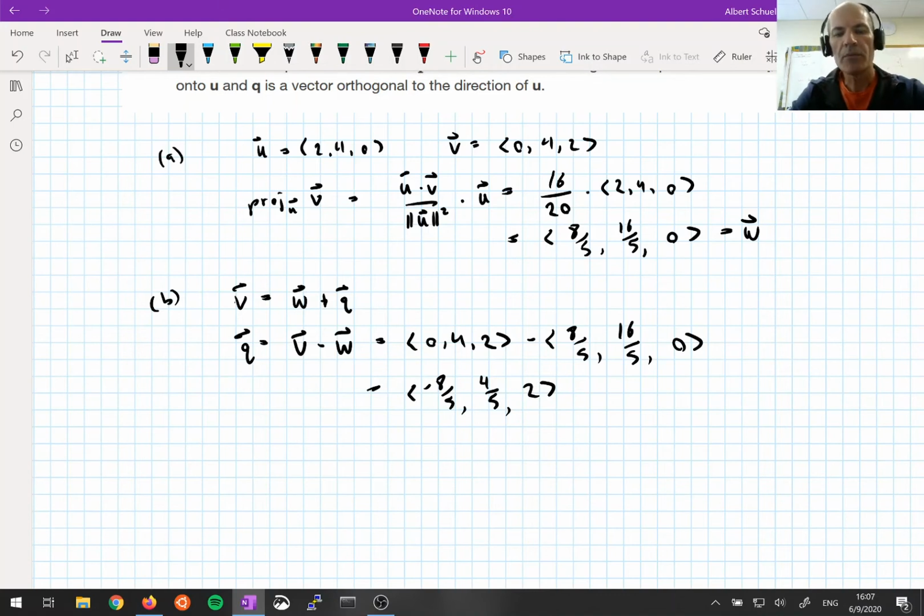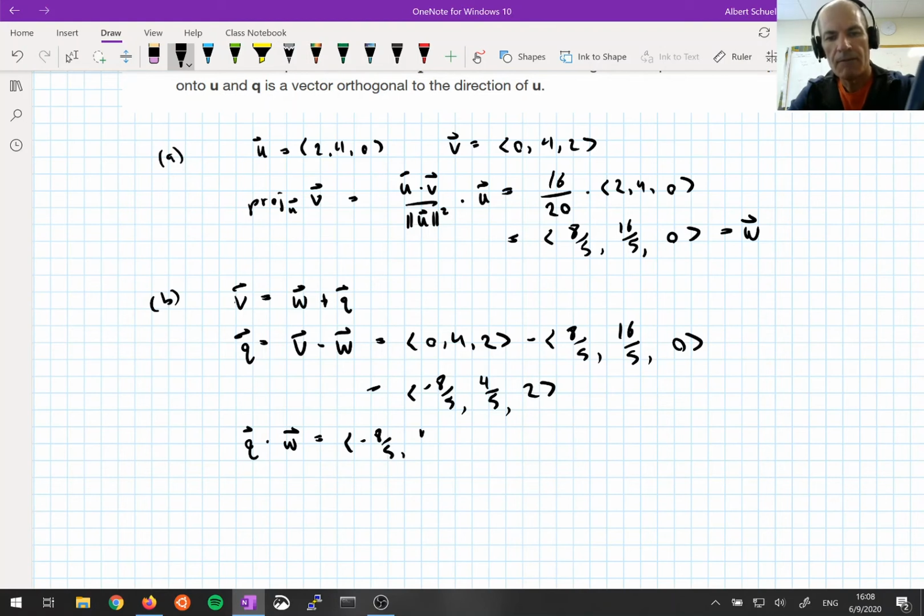What's interesting about this, from a geometric perspective, is that if you take the vector v and you remove the part of v in the u direction, which we computed earlier, that's w, then what's left should be orthogonal to u. You removed all of the u component from v. We can verify that. This isn't part of the exercise, but we can verify it by simply looking at q dotted with w.